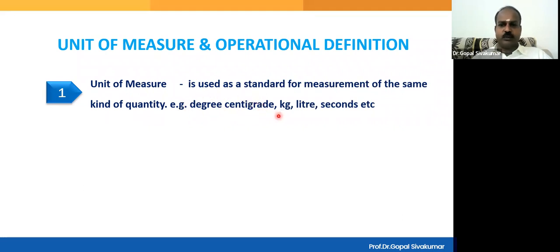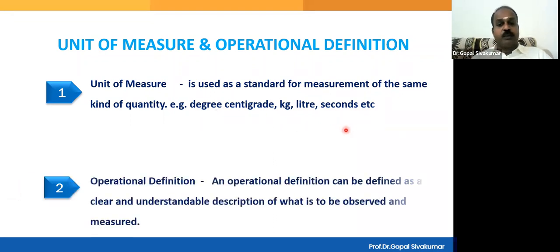The weight we need to measure in terms of kilograms. The volume we need to measure in terms of liters. The time we need to measure in terms of seconds, and so on. So which is most appropriate and apt for your particular characteristic? You advise all your team members to measure the characteristic using the same unit, right? That's very important.